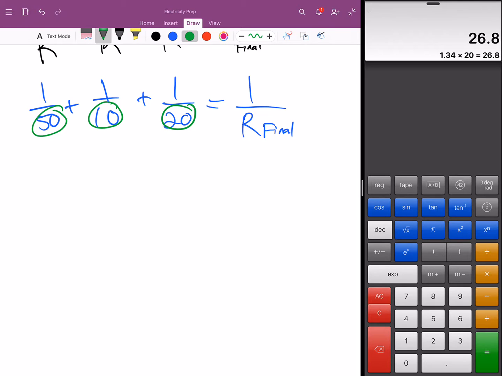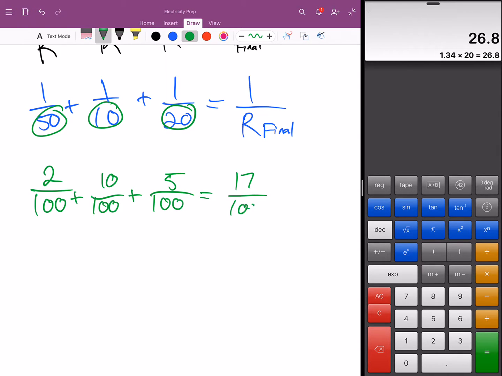In this case, we have 100. Now 1 over 50 becomes 2 over 100. 1 over 10 is 10 over 100. And then 1 over 20 becomes 5 over 100. So now you have 17 over 100.